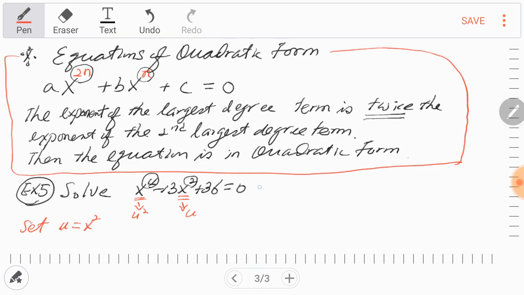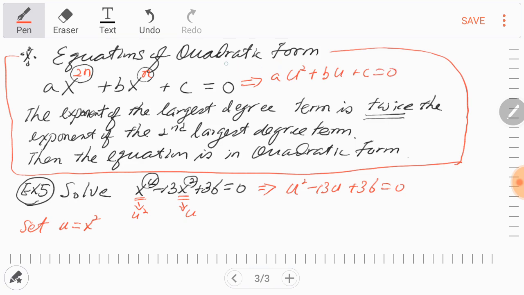So we can rewrite this equation like u squared minus 13u plus 36 is equal to 0. Then, as you can see here, this is a quadratic equation. So when we change this one, we can write it as a times u squared plus bu plus c is equal to 0.